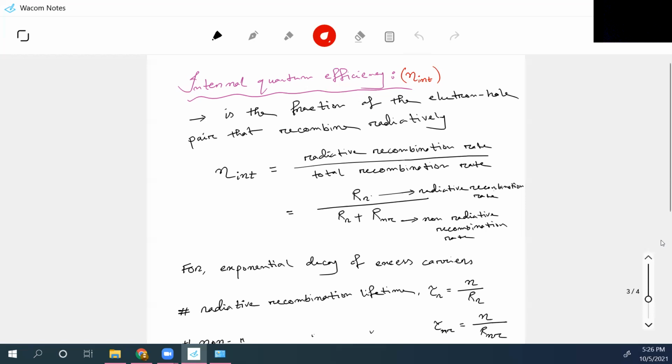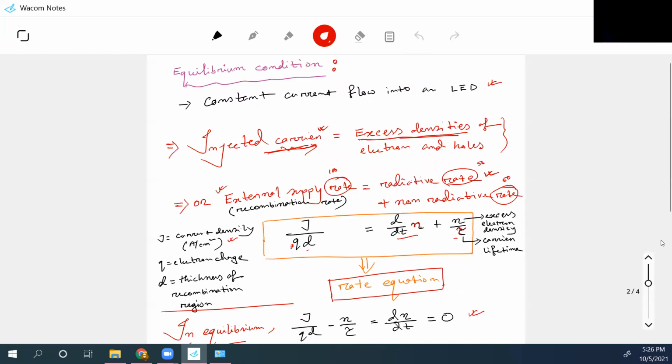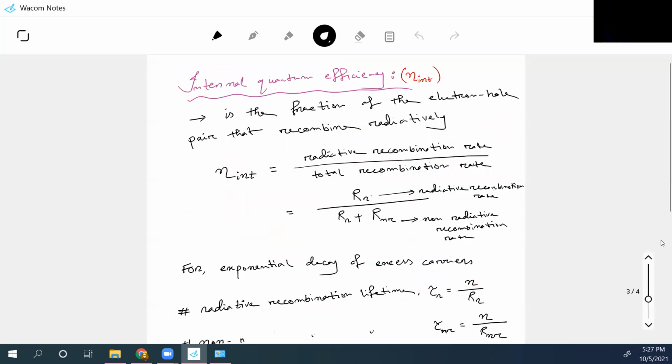You see there are two mechanisms, the radiative rate and the non-radiative rate, which we have seen. The non-radiative rate is not useful because it ultimately converts to heat or vibration, so it does not create any photon or light, which is the general purpose of our LED. So we have to find the efficiency with which radiative recombination happens. That is our goal.